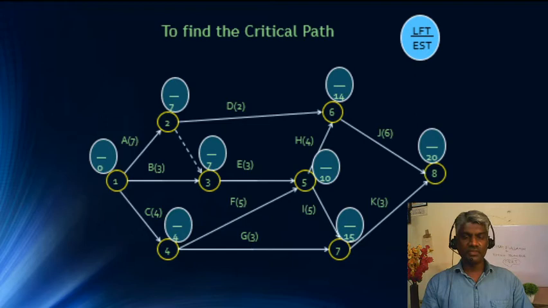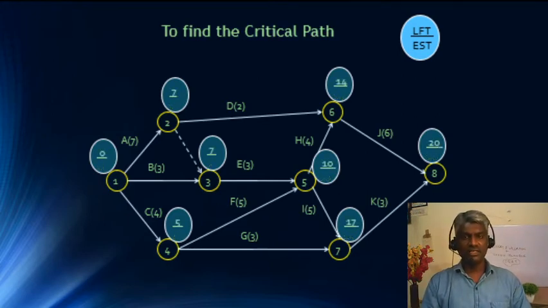And to find the critical path, we need to move backwards also. When we move backward, we subtract the activity duration from the latest finish time of the next node. So the end node latest finish time is the project completion time, which is 20.